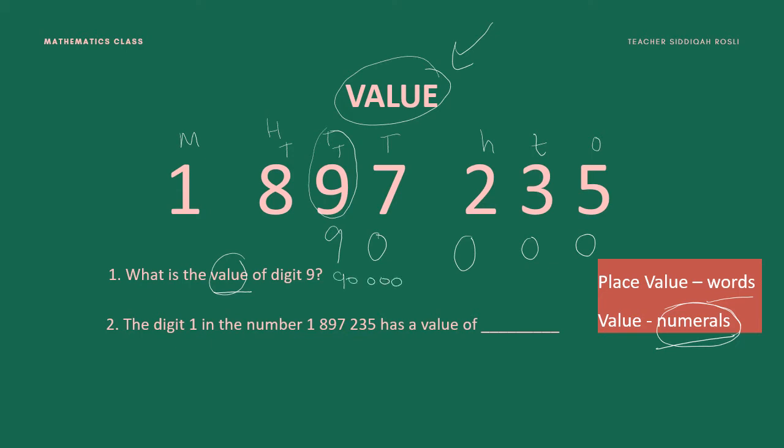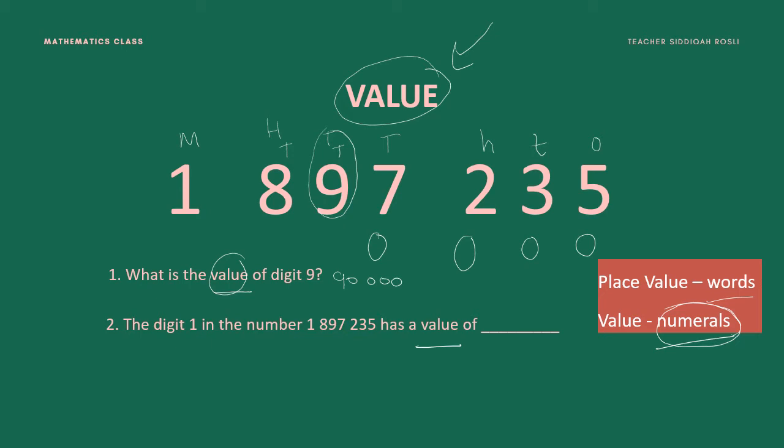There we go. Next one, the digit 1 in the number 1,897,235 has a value. Remember, it's asking you for value, and value here means numerals. So same thing.